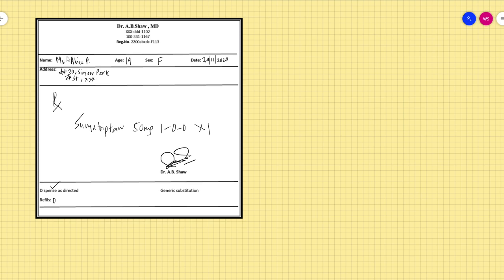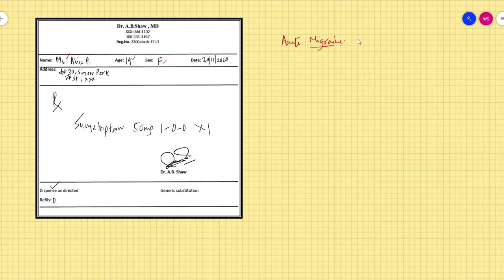So this is the prescription of Miss Alice. She happens to be a 19-year-old female, and she presented with a complaint of acute migraine, which is a cluster headache, which is very severe pain that the patient feels.